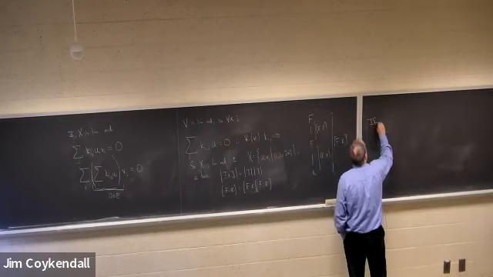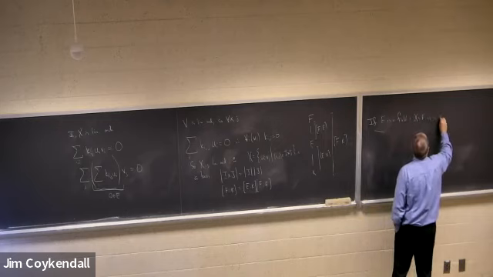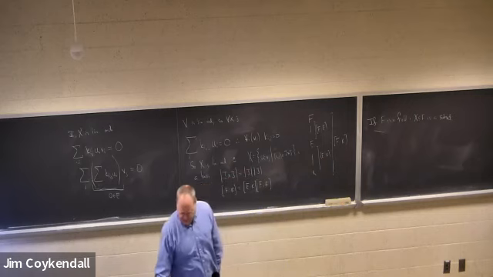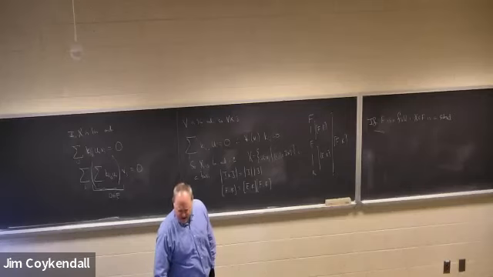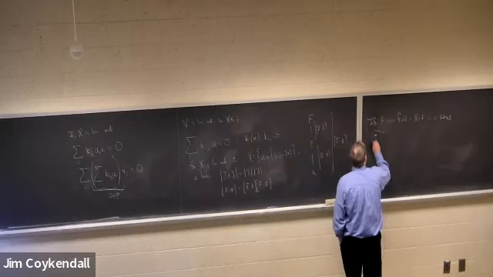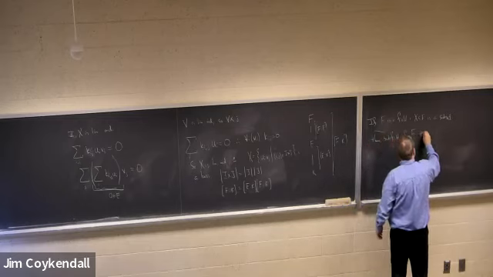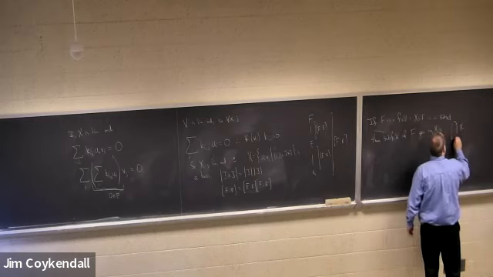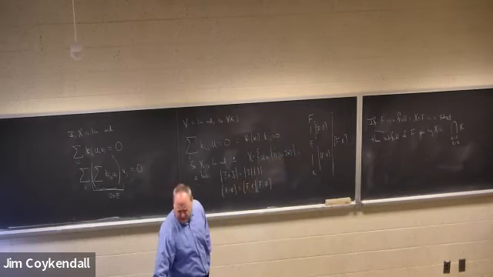If F is a field and X in F is a subset, and I do mean set at this point, then the subfield of F generated by X is the intersection of all subfields K of F that contain X. So it's just the intersection of all fields that contain that set. This is also a field as well.